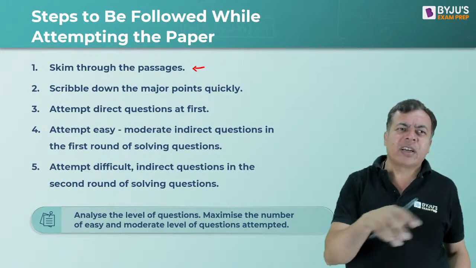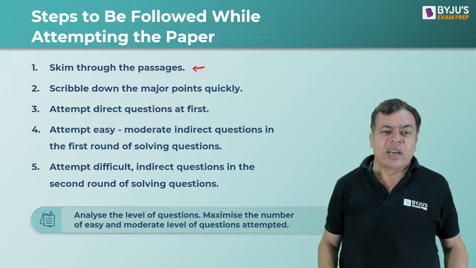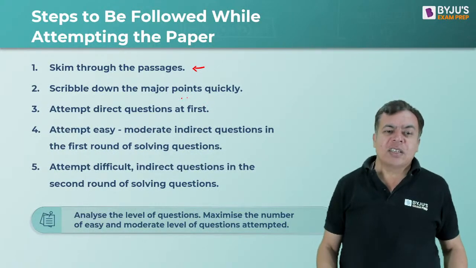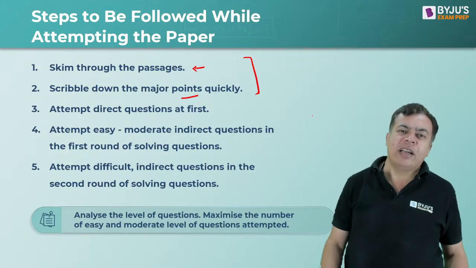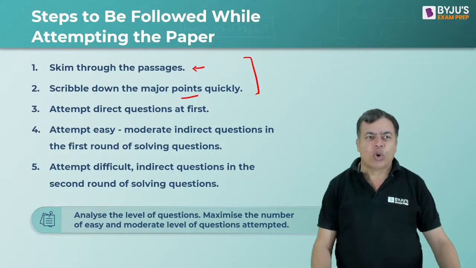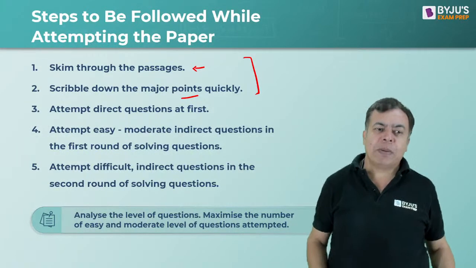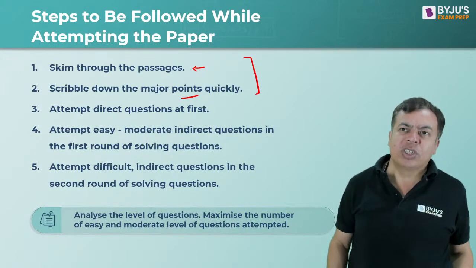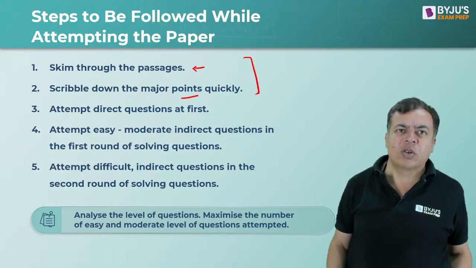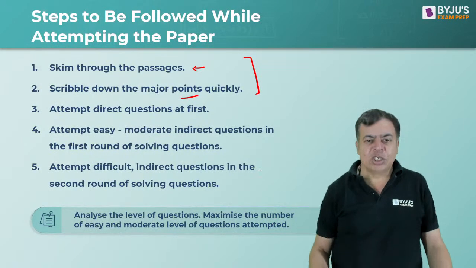Just skim through and scribble down the major points. This is about RC passages, when you are just going through the passages, observing what is there in the passage, and then scribbling down the major points. Attempt direct questions at first, whatever direct question is there. Then easy, moderate. Now, this is true for all.